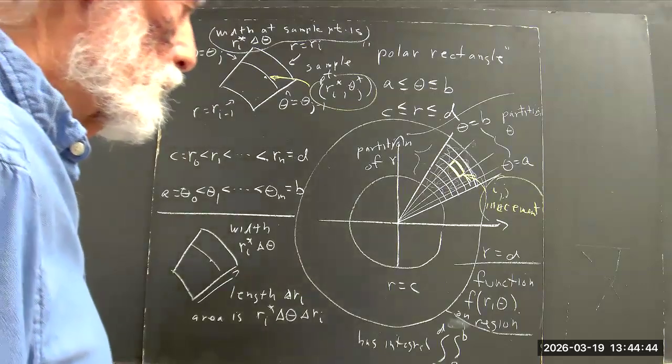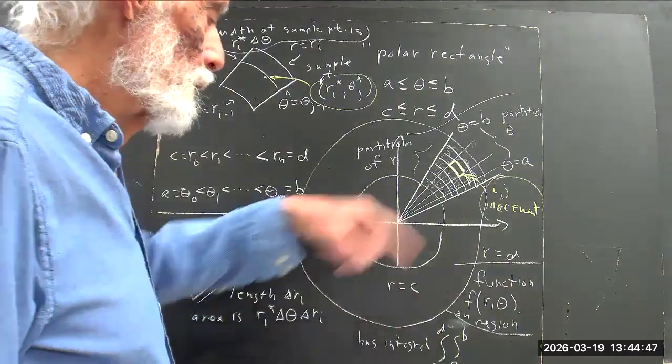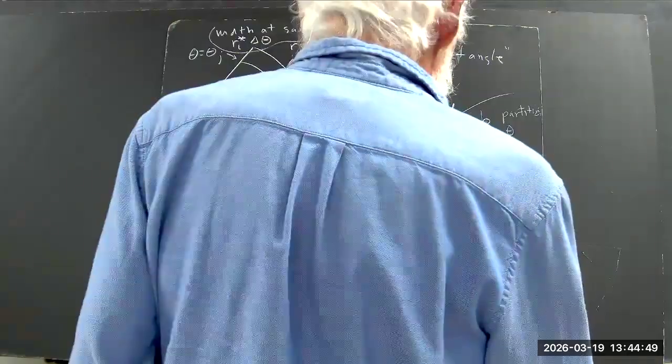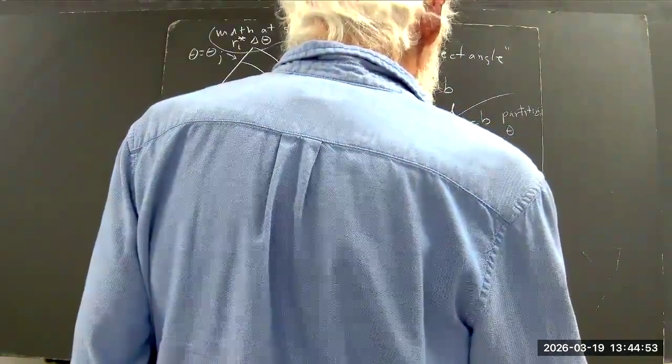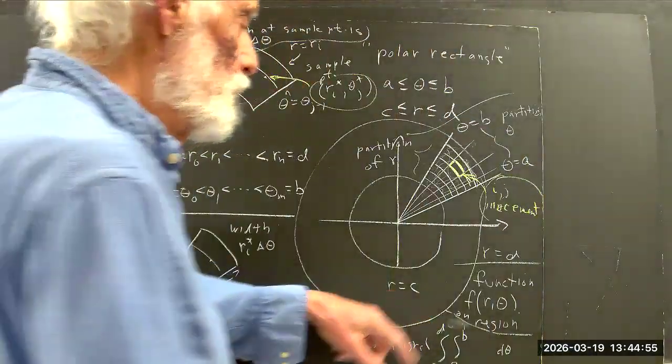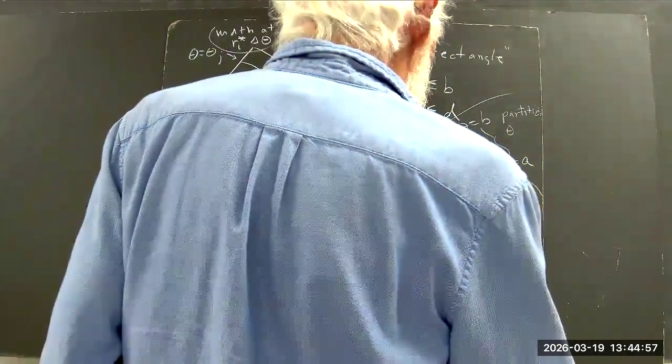The limits in the integral are going to be from a to b with respect to theta, and from c to d with respect to r.